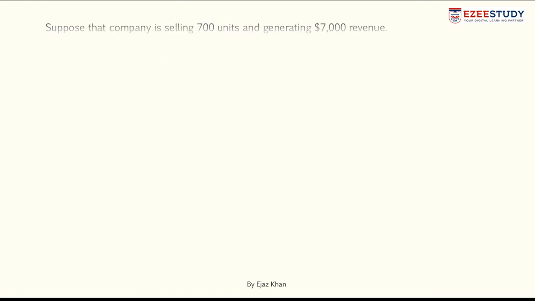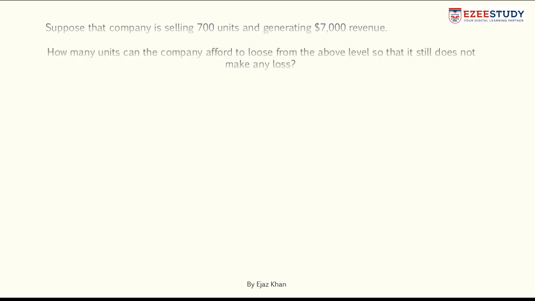Now let's suppose that the company is selling 700 units and generating $7,000 revenue. And we know that at this level the company will be making a profit of $1,200. But if we need to find out by how much the sales revenue will fall so that the company is still not making any loss, we know that at 500 units the company will be making no profit, no loss, whereas at 700 units it will be making a profit of $1,200.